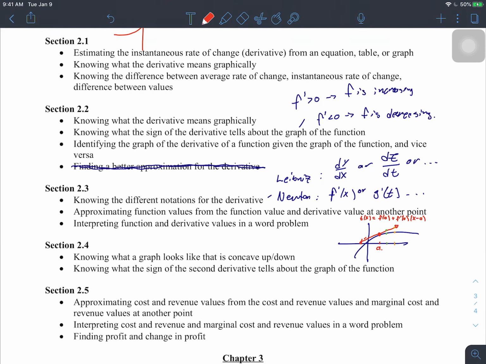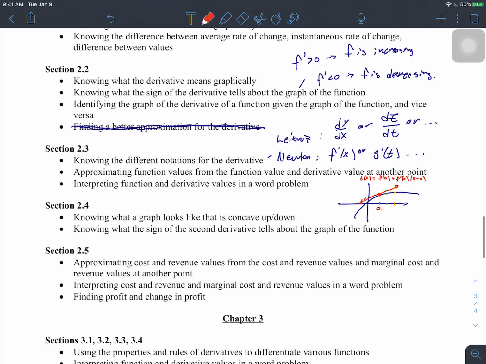Okay, where was I? I think interpreting function and derivative values in a word problem. We should definitely be able to do that. Knowing what a graph looks like that is concave up or concave down, I already talked about that.